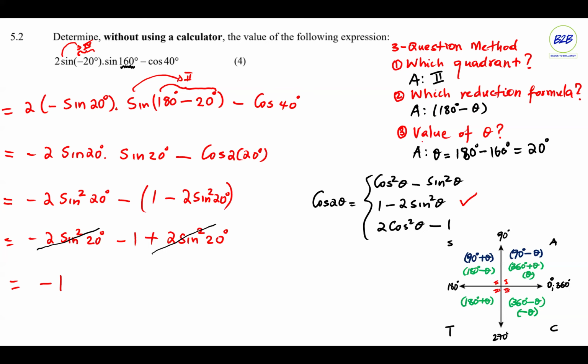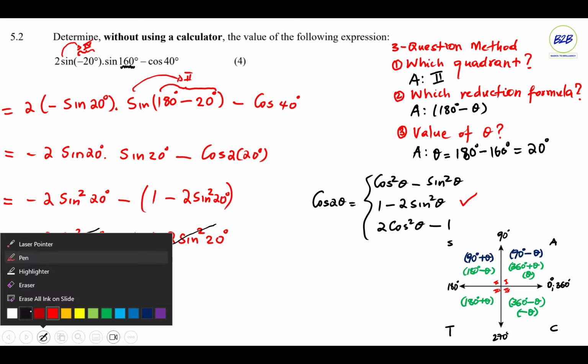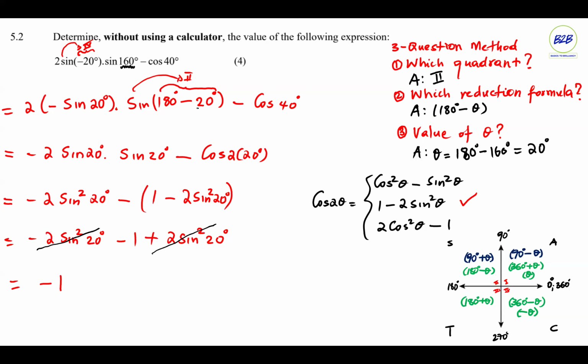Third question, what is the value of theta? A lot of learners make this mistake. In the place of 20 degrees, they often substitute the angle that they are trying to reduce. And that, folks, is not the right way of doing it.